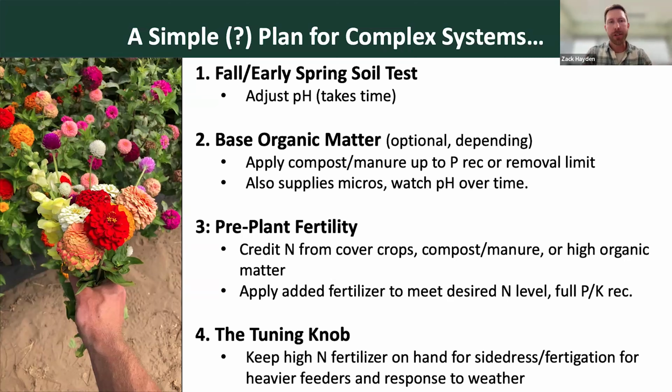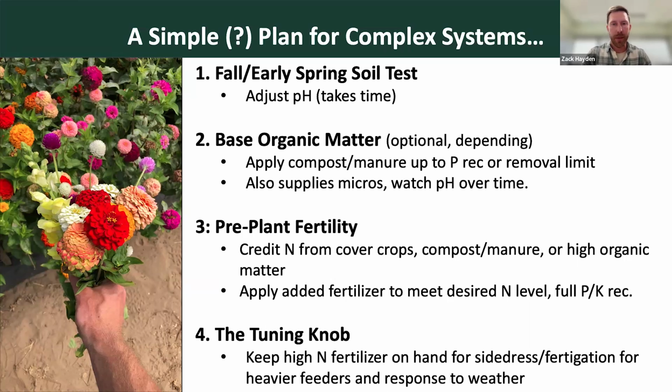So first, make sure you do your fall or early spring soil testing, whatever works for your system, and you use that to get a handle on what your nutrient bank is and adjust pH at that time because that takes time. Second, consider a base organic matter application.